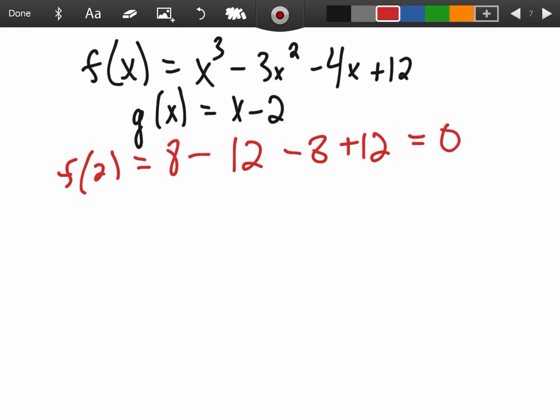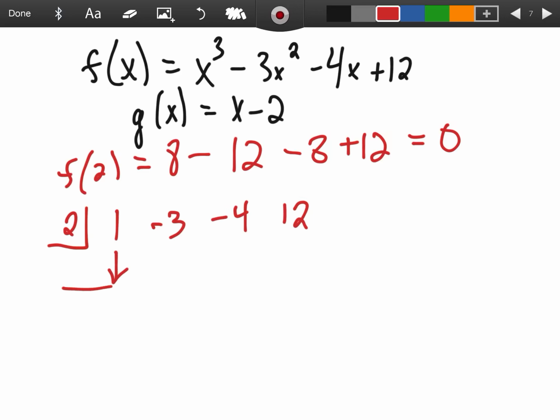And now let's take it to the next step. Let's use this and factor f of x completely. Let's actually do this division of f of x divided by g of x. So I'm going to use synthetic division. 1, negative 3, negative 4, 12.